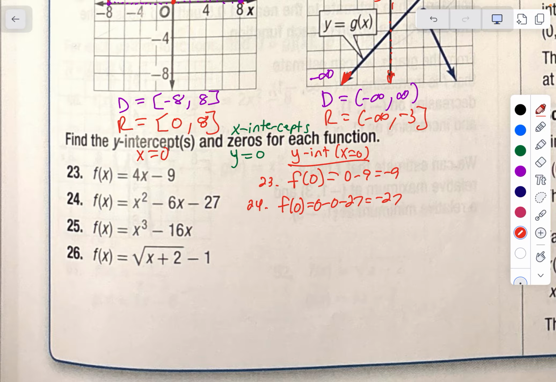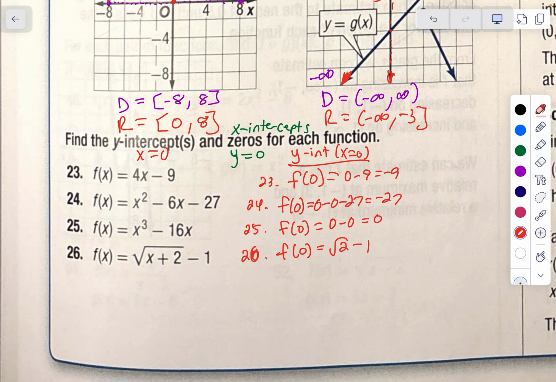For 25, just plugging in 0. Y-intercepts are so great, we just get to plug in 0. And then we get 0 minus 0, or 0. That's good. And then same thing, 26 is great. If we plug in 0, we get the square root of 2 minus 1.